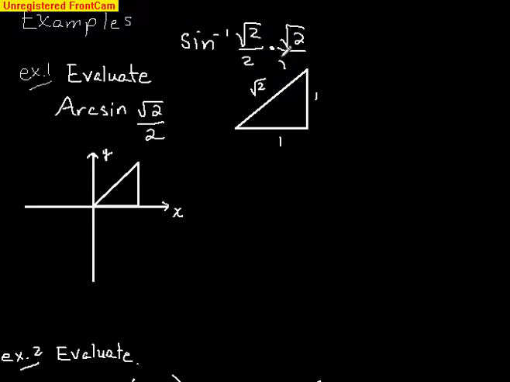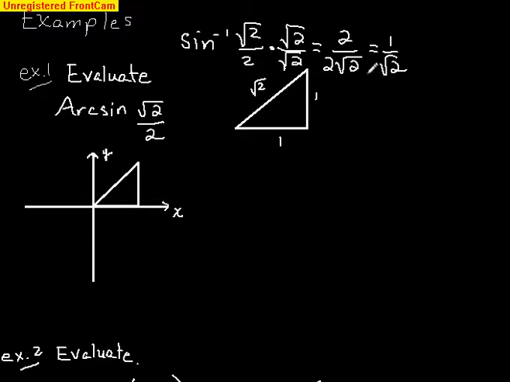So square root of 2 over 2, multiply by square root of 2 over square root of 2, and we're going to get 2 over 2 square root of 2, and that's going to be 1 over the square root of 2. And you should probably already recognize that when you have the square root of 2 over 2, it's going to be the 45-degree angle.